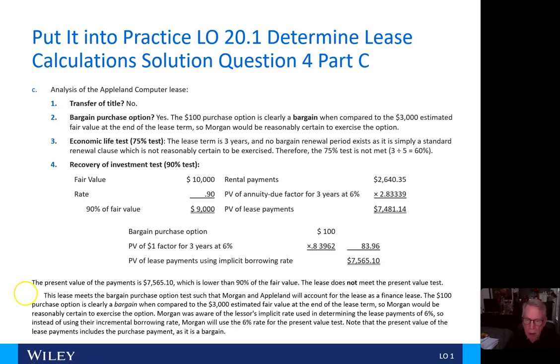Morgan was aware of the lessor's implicit rate used in determining the lease payments of 6%. So instead of using the incremental borrowing rate, Morgan will use the 6% rate for the present value test. Note that the present value of the lease payments includes the purchase payment as it is a bargain.